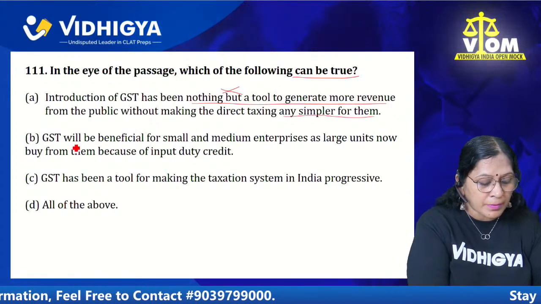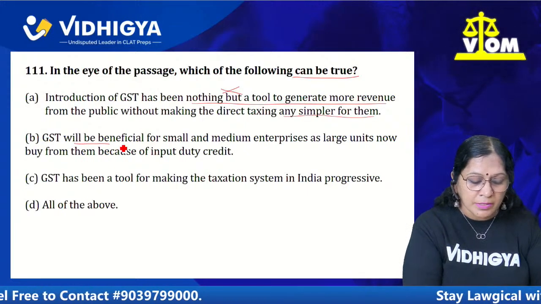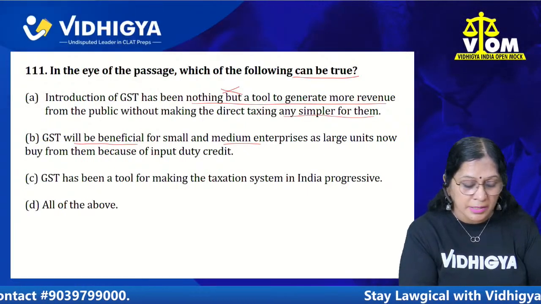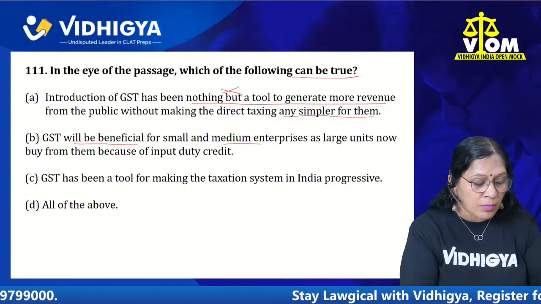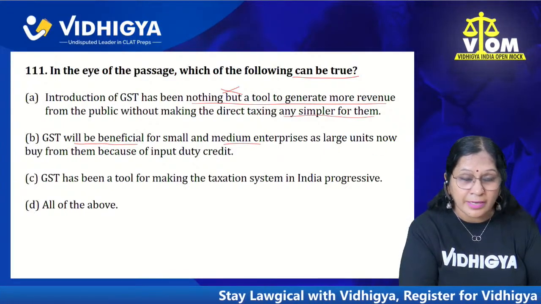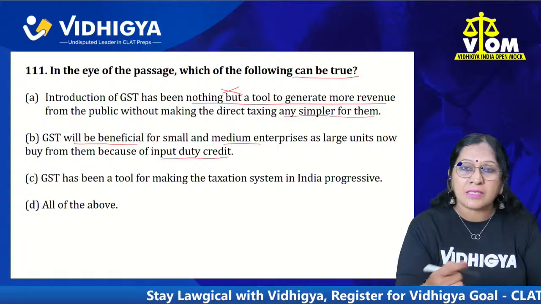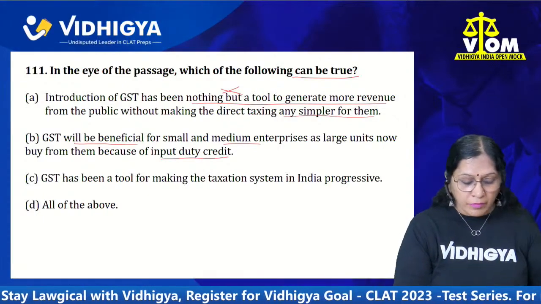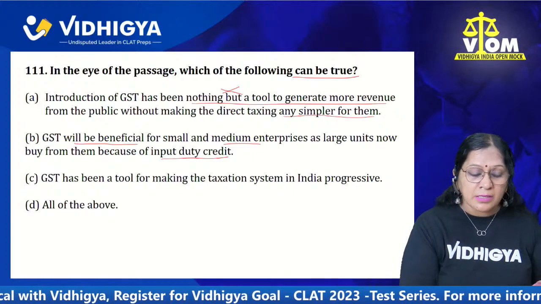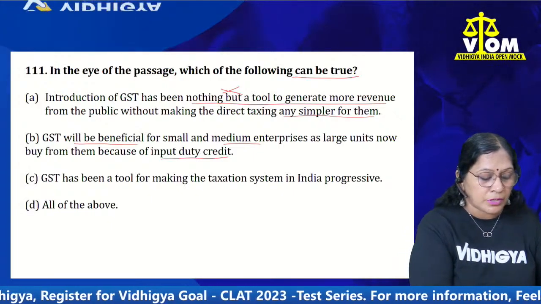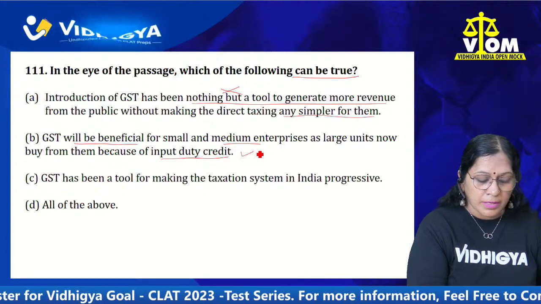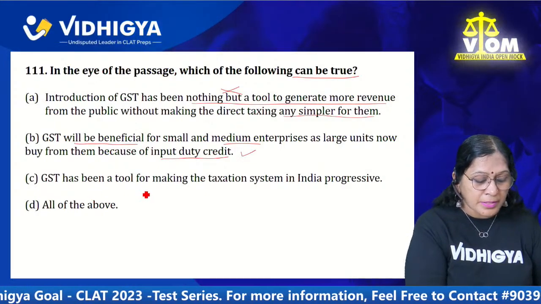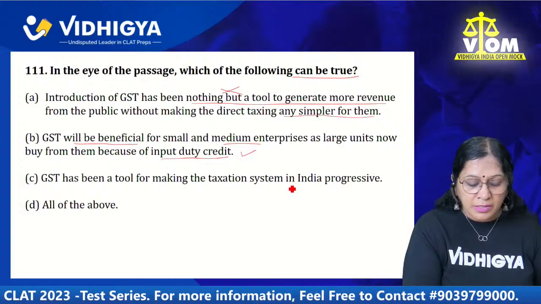Second, GST will be beneficial, possible for small and medium enterprises. We read this in the last and the second last para, as large units now buy from them because of the input duty credit, which was earlier they were hesitant to buy. We had read this sentence and I had underlined it also. So we can understand that, see, this can be true. Possibility, I'll mark a small tick. Third, has been a tool for making the taxation system in India progressive.